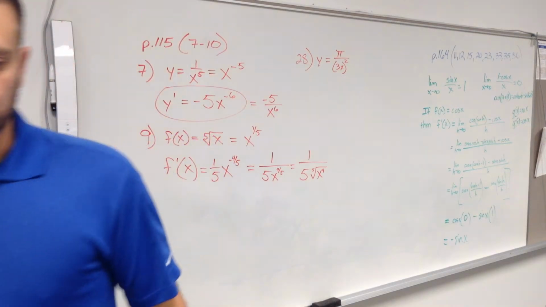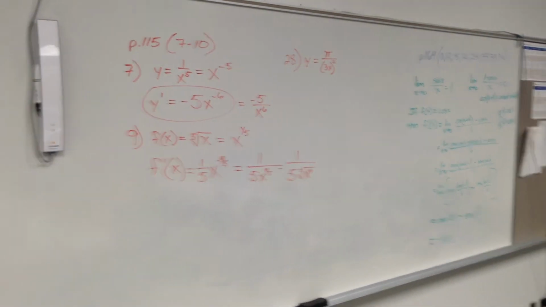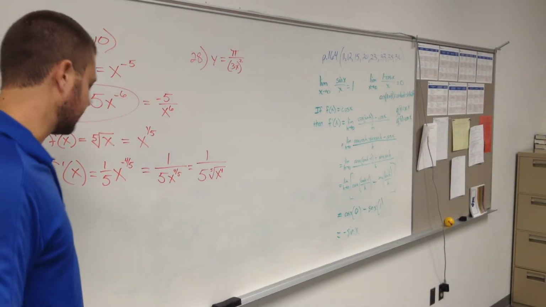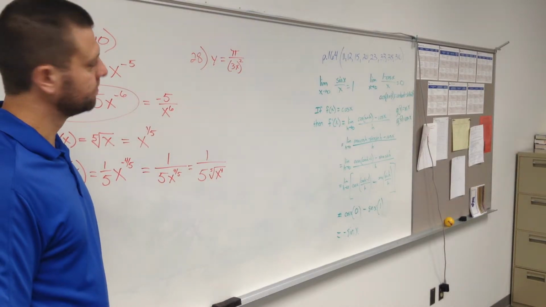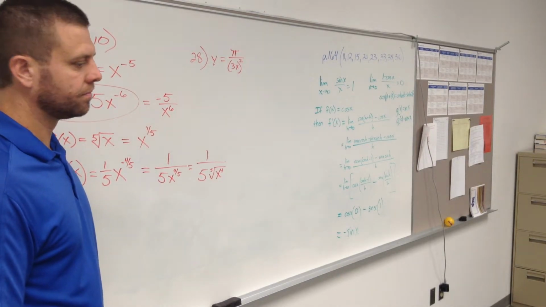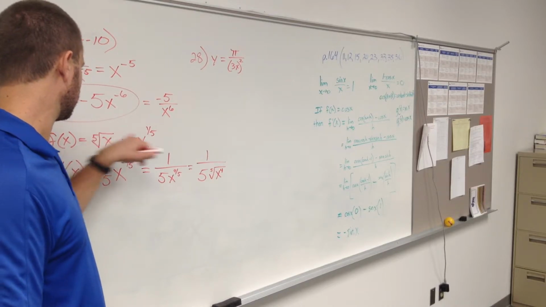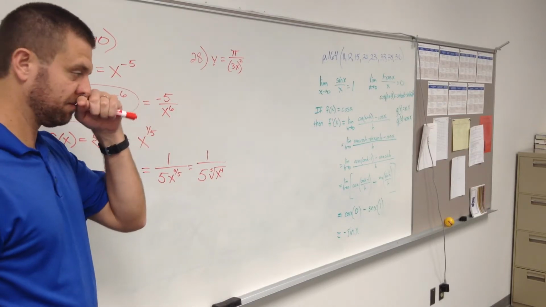So if I have y equals pi over the product 3x squared, I'm going to do a lot of rewriting before I do this derivative. What might you guys think we'll do here? I'm going to rewrite this. I'm going to write it in a nice way so doing the derivative is really easy.